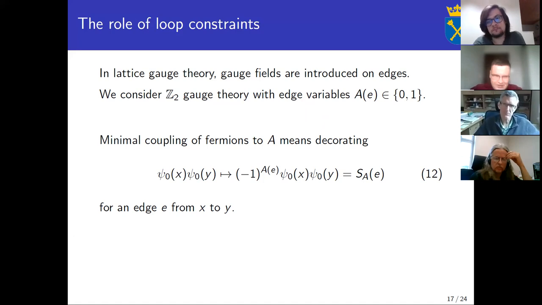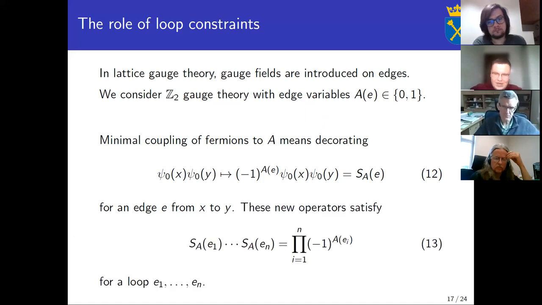And one can check that these operators satisfy exactly the same relations as the previous operators, but this loop relation is altered. So the product of S_A's along a loop is now just equal to the Wilson loop observable of the gauge theory: the product of A of E on all edges that form the loop.